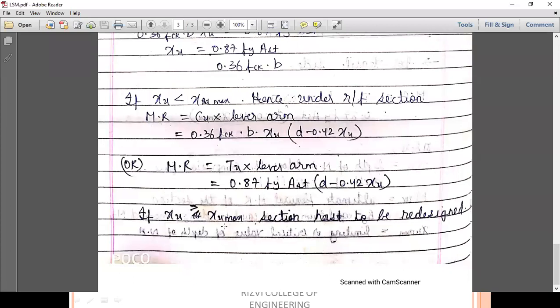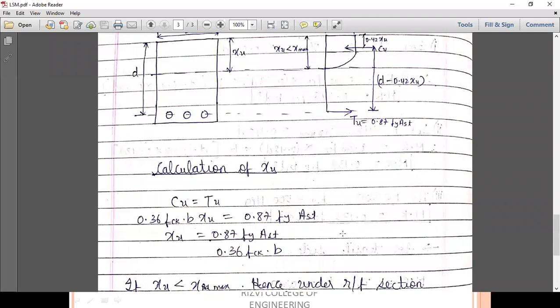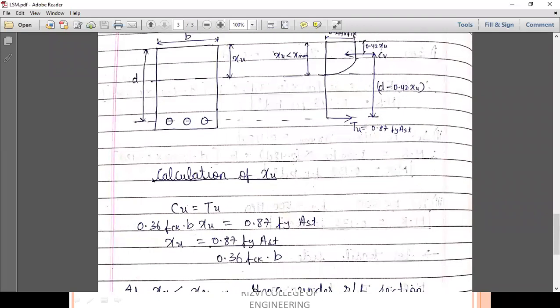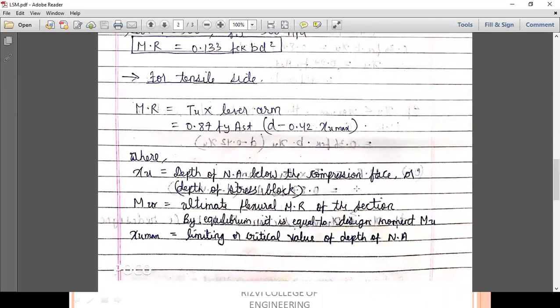But remember in this case, if Xu exceeds Xu max, then you have to redesign the section. So you have to take care that Xu should never exceed Xu max. So this was all about the equations. We checked the balanced and the under reinforced section. So is this clear to everyone?